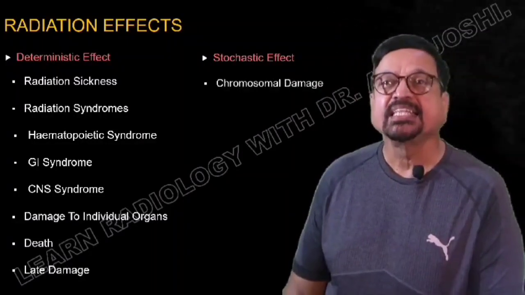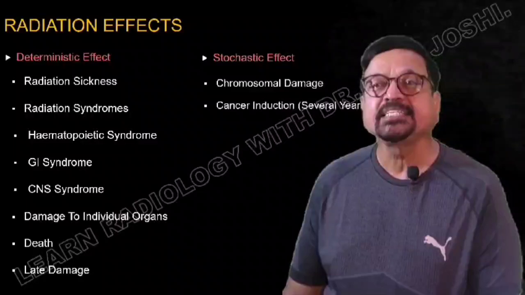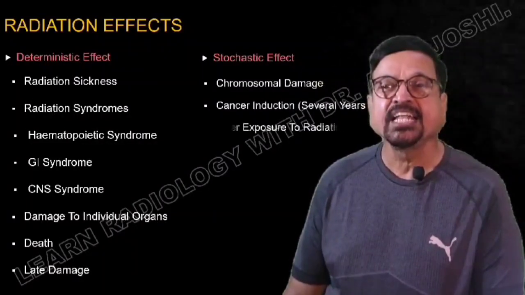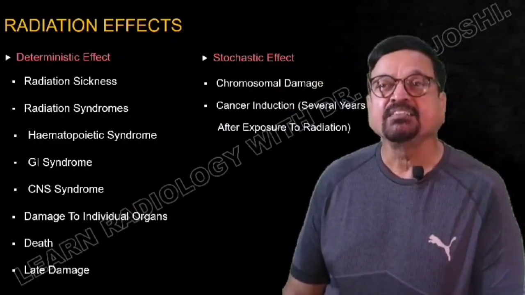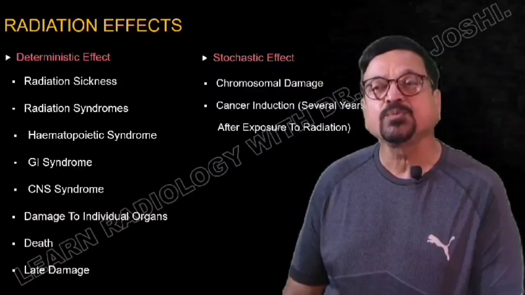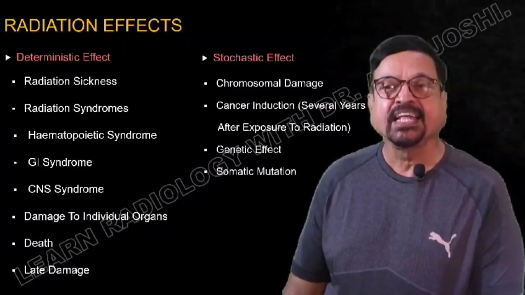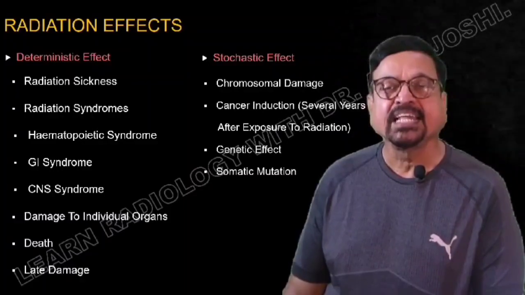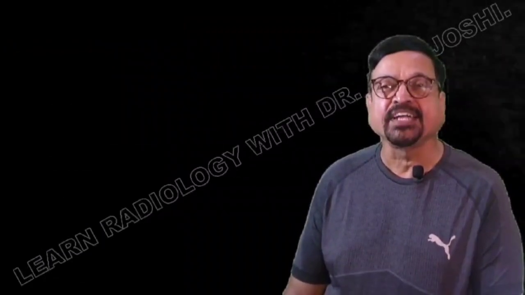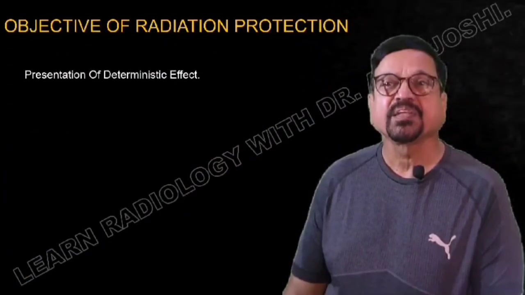Now, what are the stochastic effects? They can be chromosomal damages, then there can be cancer induction, but that needs many years and a lot of exposures. It is not an immediate effect. Then there can be genetic effects, then somatic mutations can be there. That is what we can see as a genetic effect.